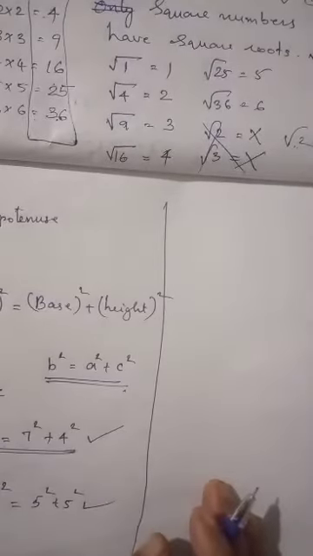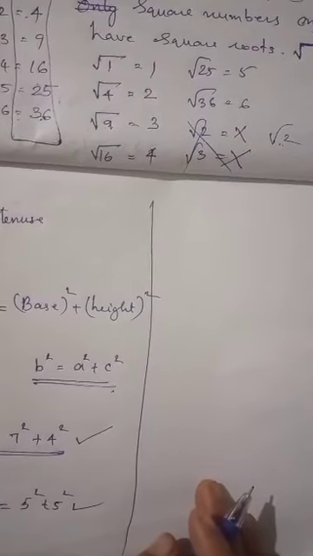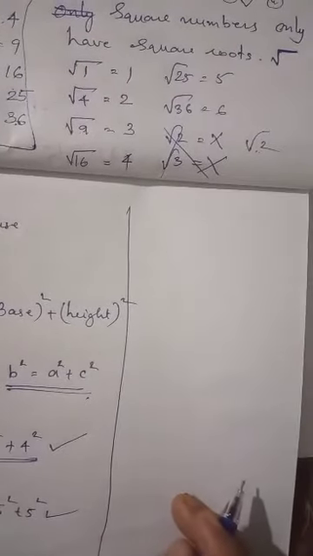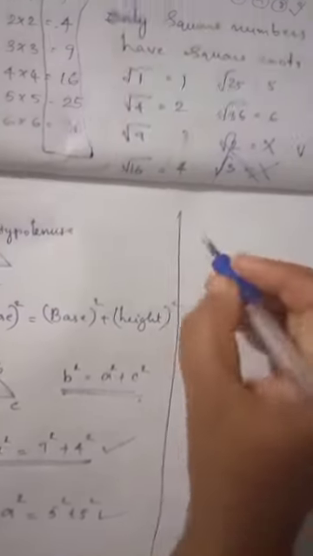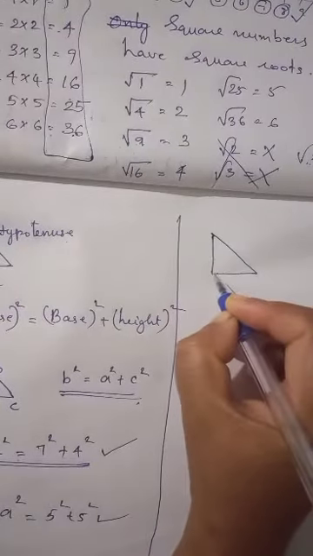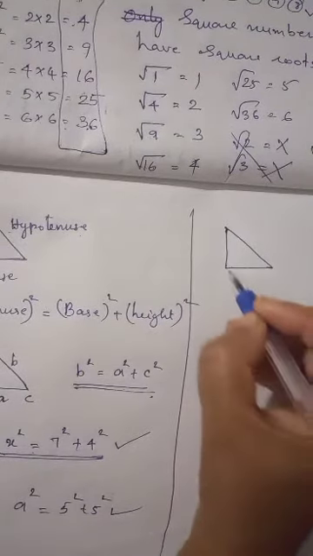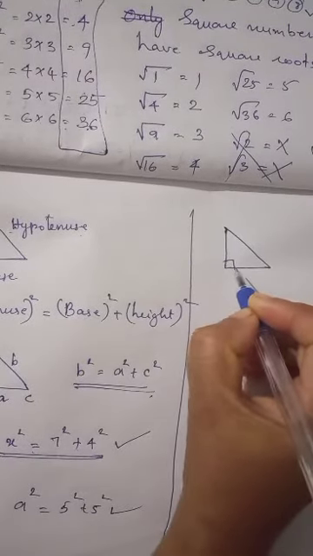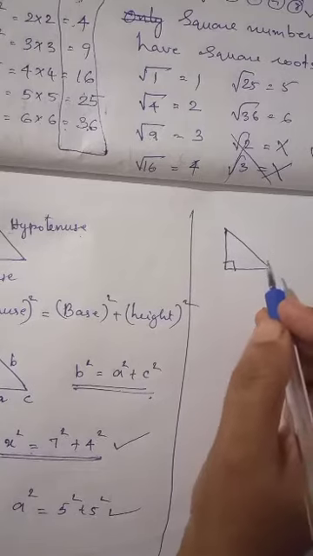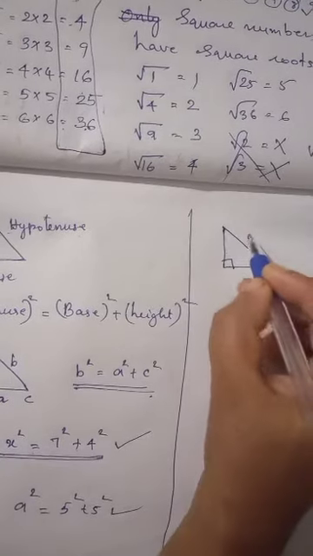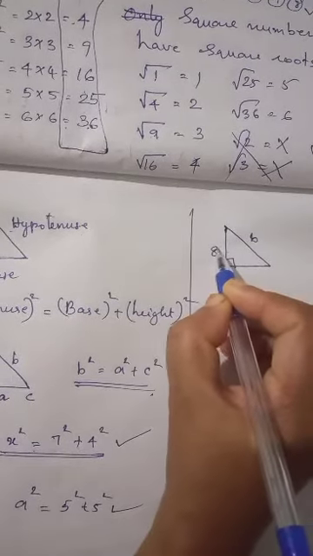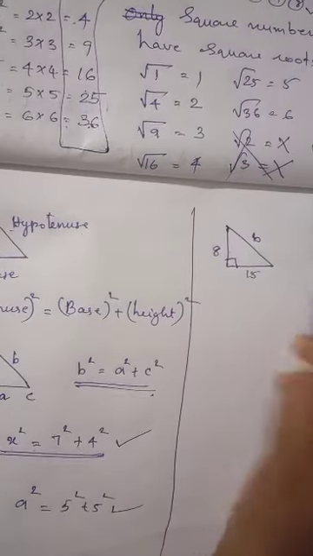Next is the important thing. Two sides are given below. Calculate the third side. That is one triangle, it is given with a right angle here. The right angle's opposite side is b. This is 8 and this is 15.